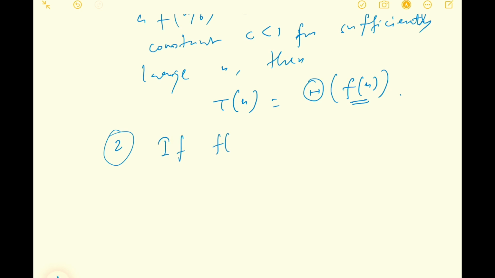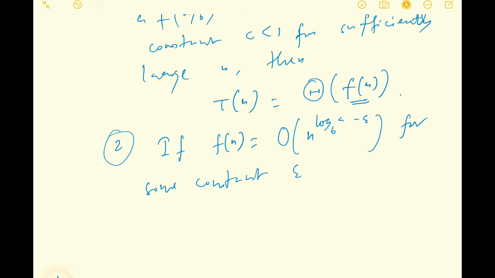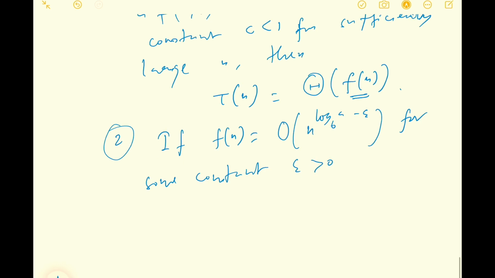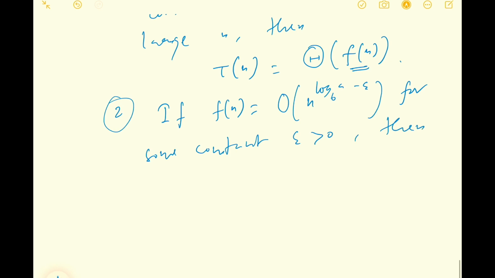If f(n) is big O of n to the power log of a base b minus epsilon, for some constant epsilon greater than 0, then we have T(n) equal to theta of n to the power log of a base b, because we can show both the upper bound and the lower bound.